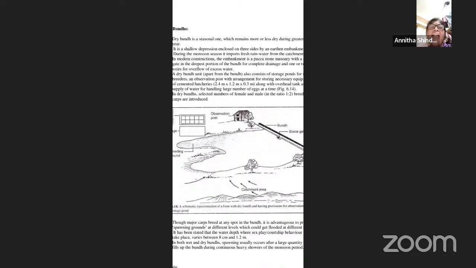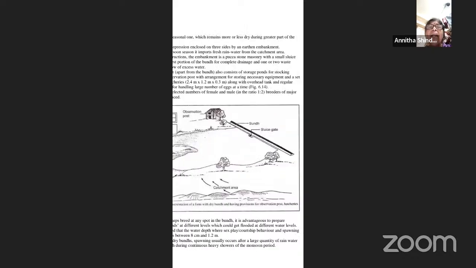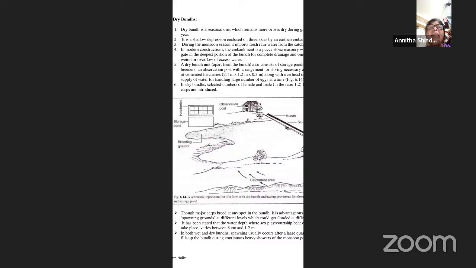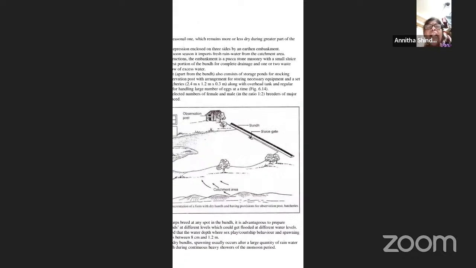But according to modern construction, they make it pakka, with pakka stone masonry and a small gate in the deepest portion of the bund, for complete drainage and one or two weirs for overflow of excess water. So you can remove the water, and the drainage system is also provided.